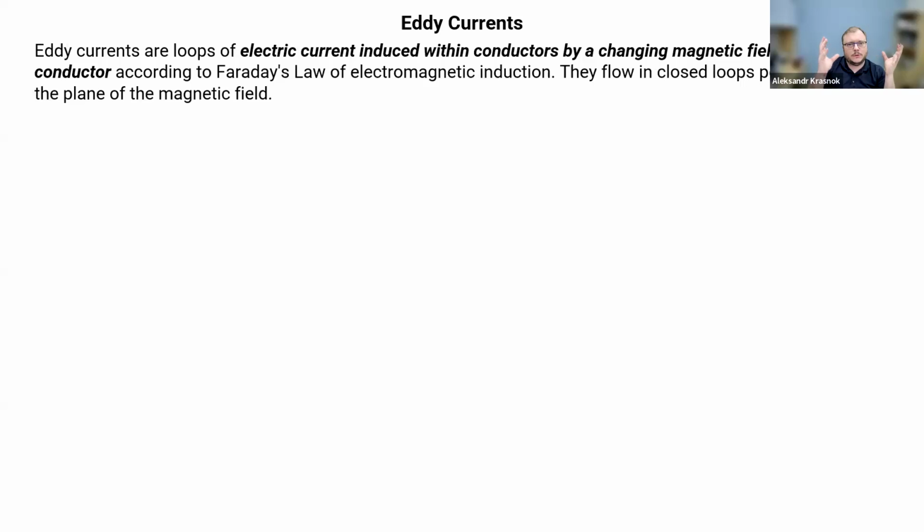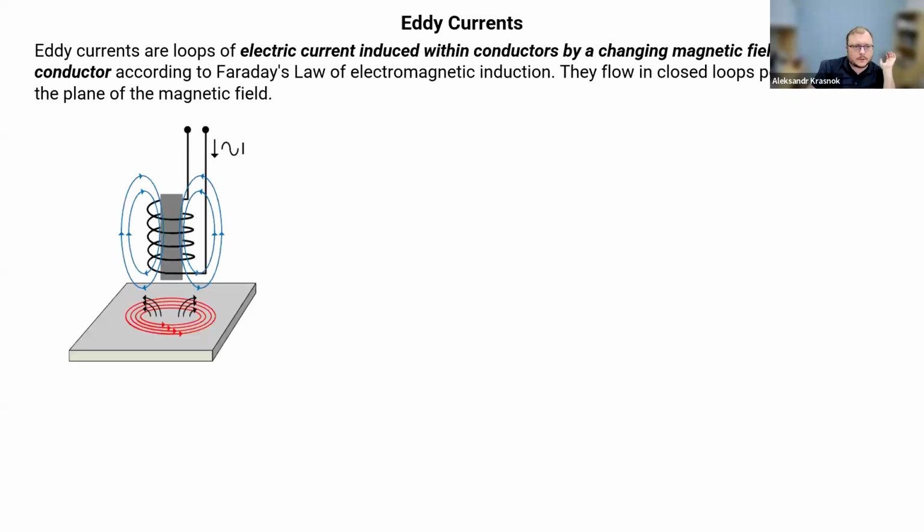If you have any metallic object and you place this metallic object in a time varying magnetic field, this time varying magnetic field, of course, creates curl of electric field, and curl of electric field creates the curl of current in that metal. And this curl of current is what we know as eddy current.